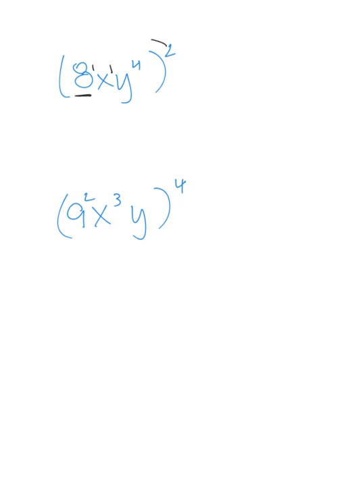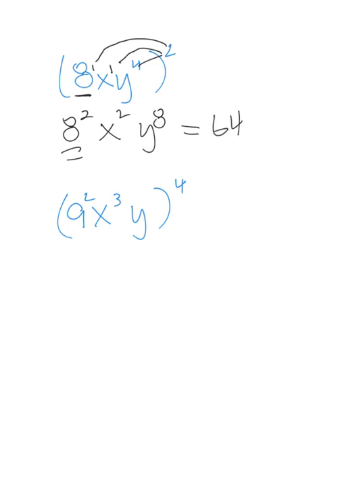So we actually are going to be doing 8 squared, x squared, y to the 8th. Because 2 times 1 is 2, another 2 times 1 is 2, and 2 times 4 is 8. Now we can simplify 8 squared, and we can get 64, x squared, y to the 8th.